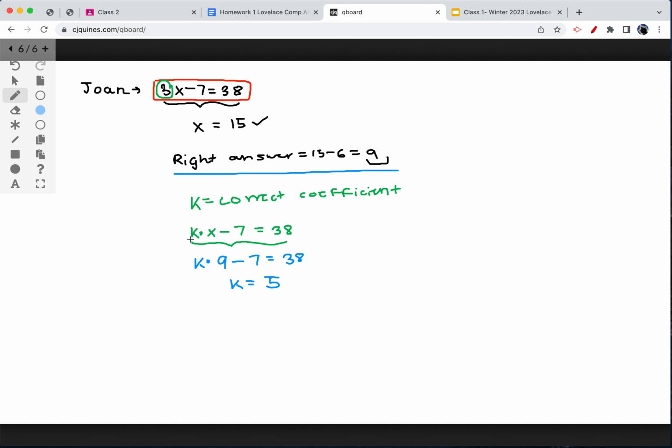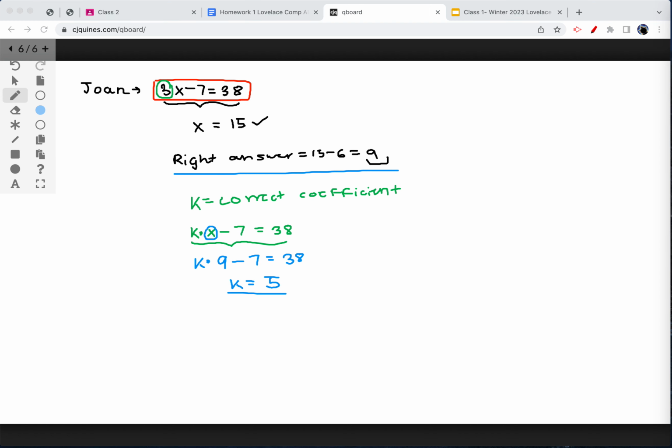So over here, all you had to notice was that the solution to x in the corrected equation would be 9. So when we substitute 9, we can just get our value of k, which is 5. So does anyone have any questions about this one?